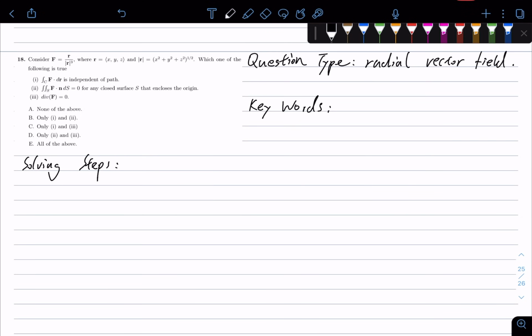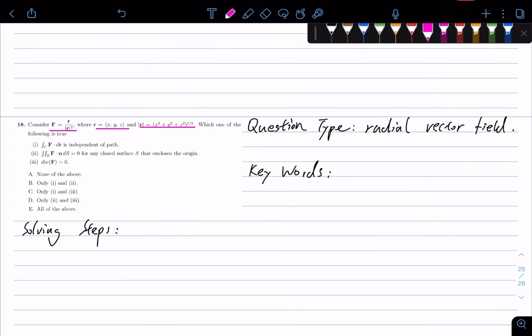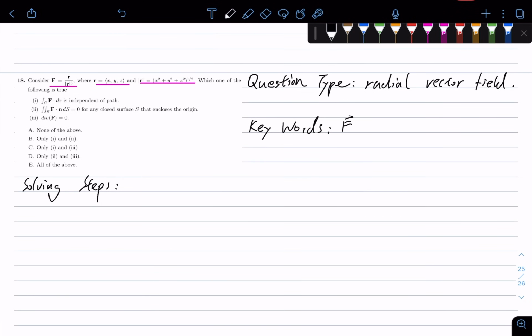The keywords are simply the definition of the radial vector field. I'm going to copy them down here: F equals r over the magnitude of r cubed, where r equals x, y, z, and the magnitude of r is the square root of x squared plus y squared plus z squared.